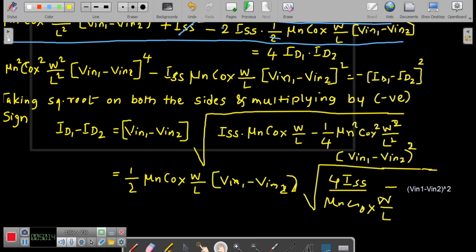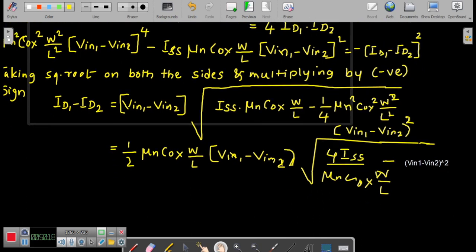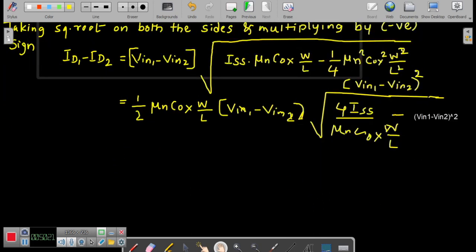So now after having seen this equation, very importantly, we have to take one inference. What is that inference?